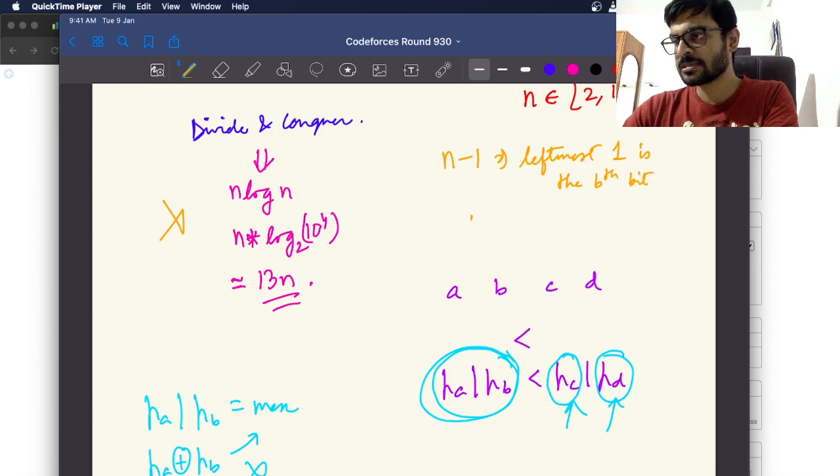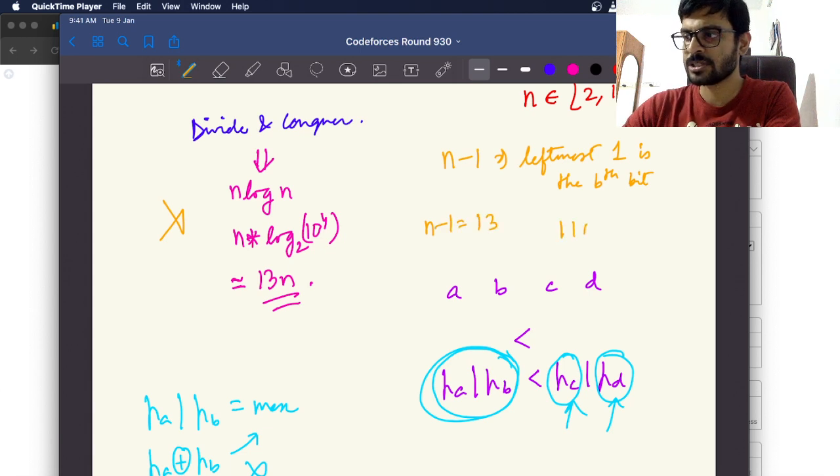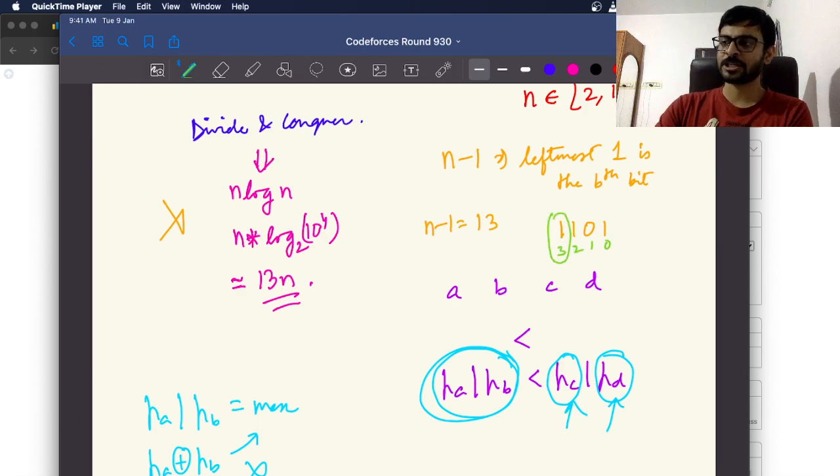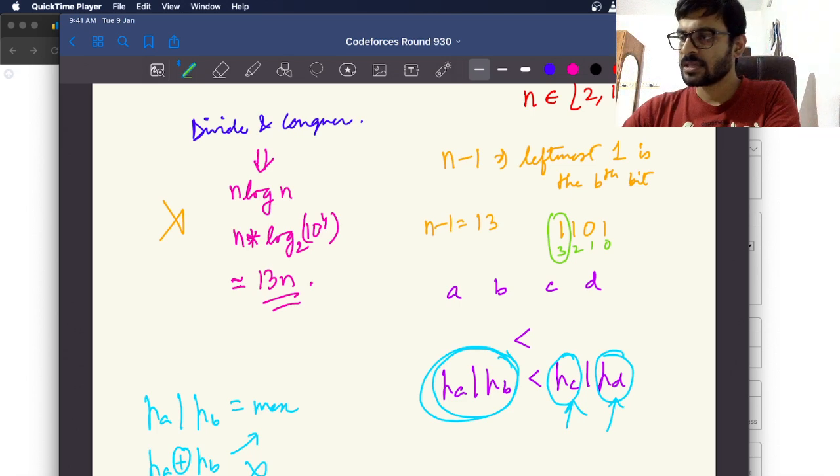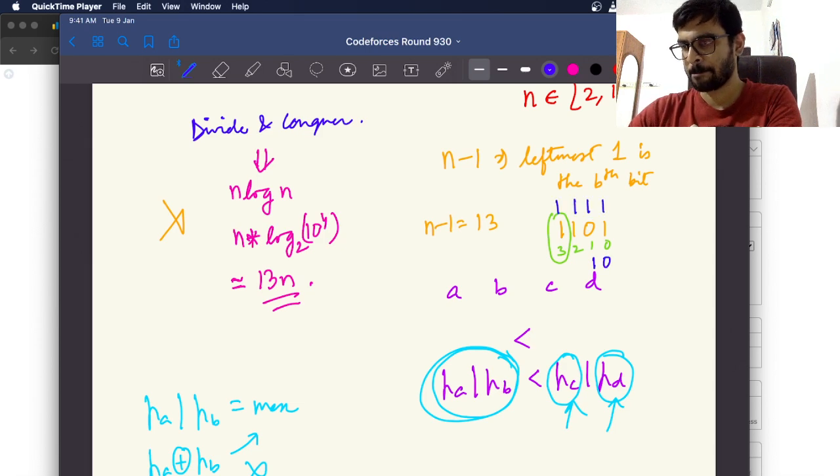So something like this: let's say n-1 is equal to 13. 13 basically means 1101, so the bits are 0, 1, 2, 3. For that, what can be my expectation of maximum? I can say there has to be some number, 10, which is before this 13. So together they'll give me a maximum of 1, 1, 1, 1 as the XOR.